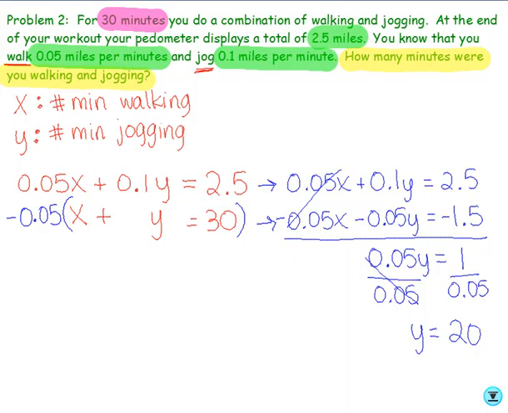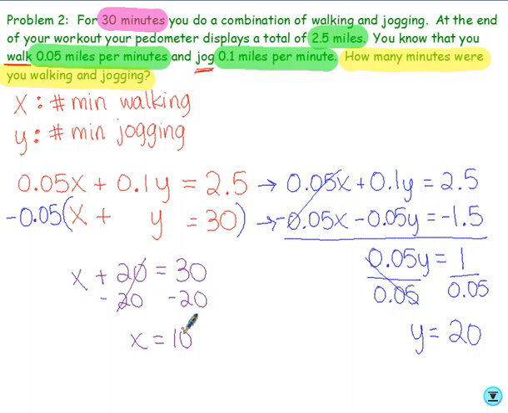Final step, take the easy equation, that would be this bottom one, put 20 where the y is. So x plus 20 equals 30. Subtract 20 from both sides. We get x equals 10.